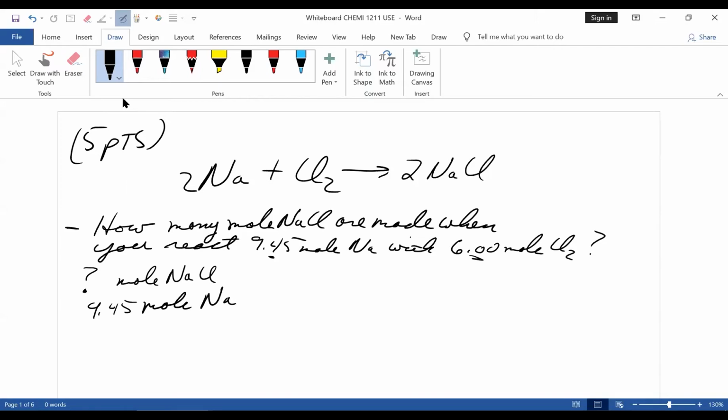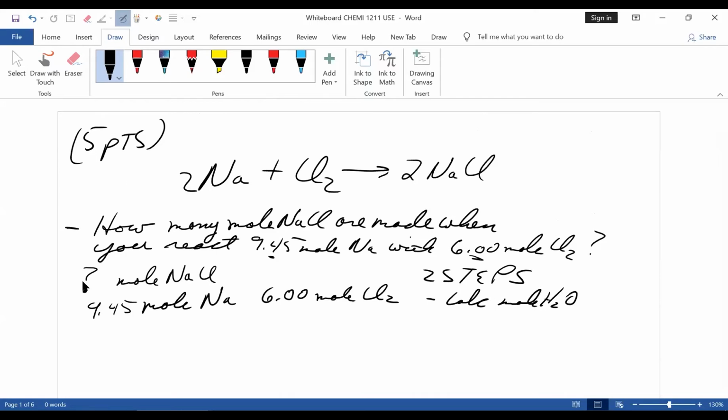And right here, 6.00 moles of chlorine. Now, in order to solve this problem, what you have to do is 2 steps, and that is calculate moles of sodium chloride for each reactant.